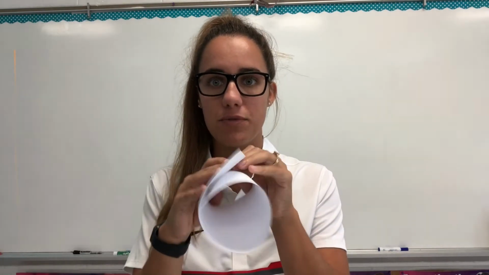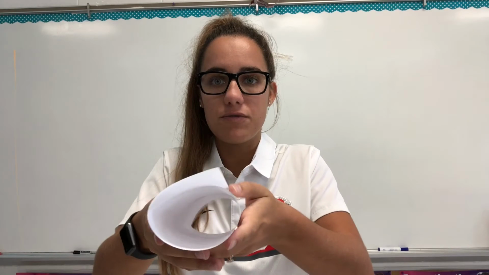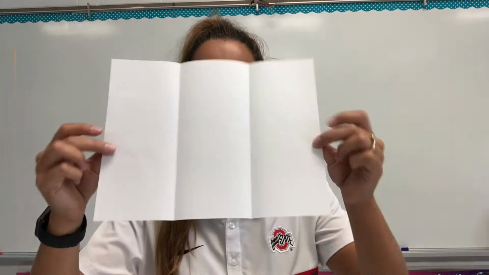What I want you to do first is fold this into 3 equal parts. So you can kind of roll it like a burrito and fold it into 3 parts. And it should look something like this.